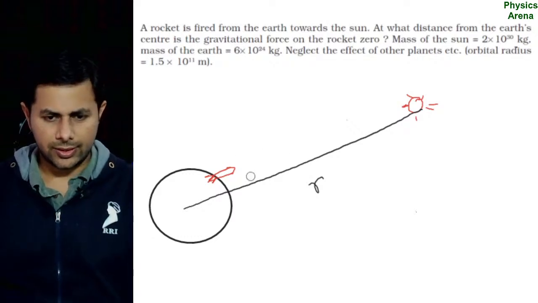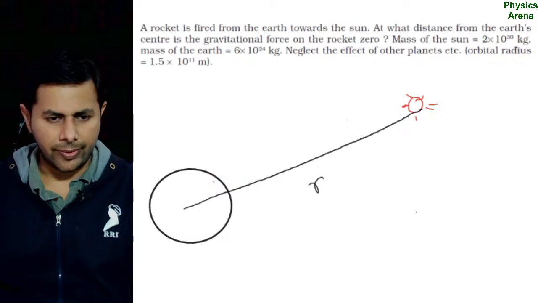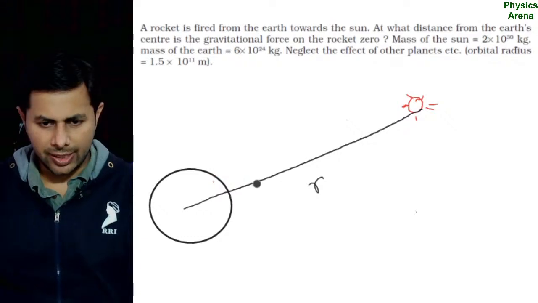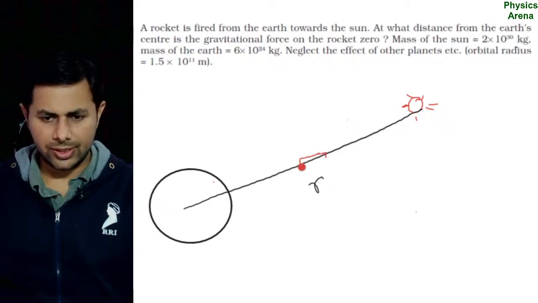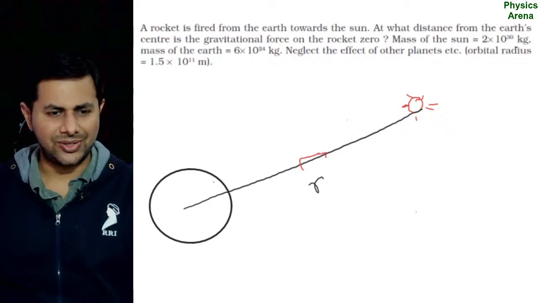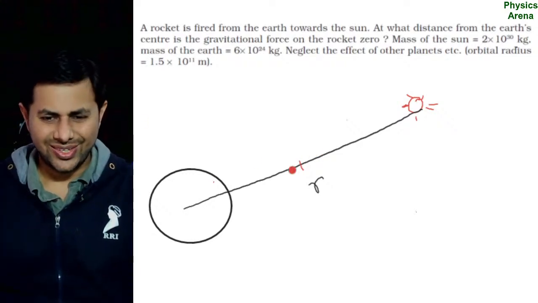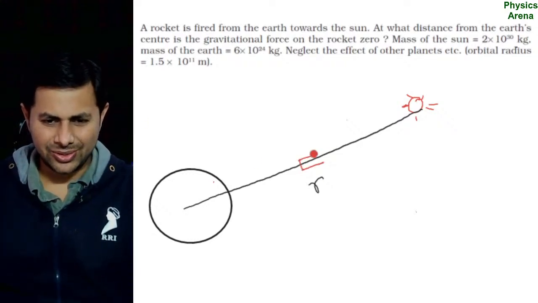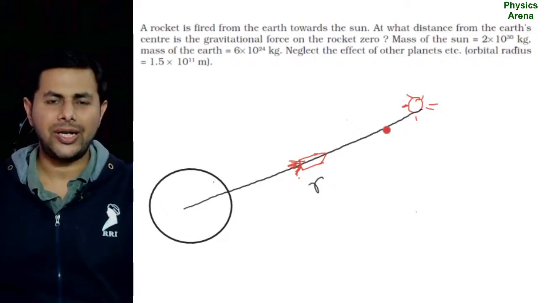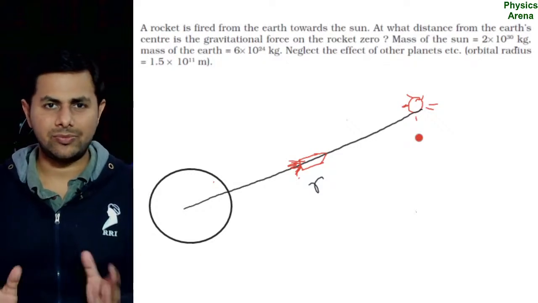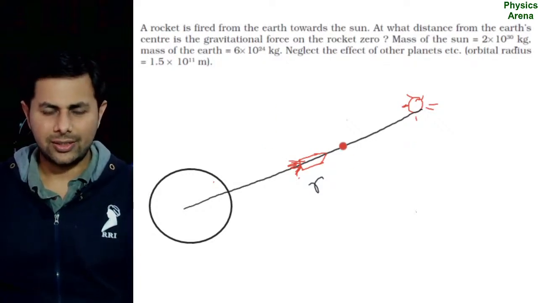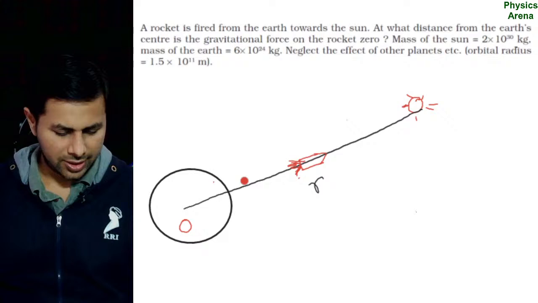So we fire this rocket along this path, and let's suppose our rocket goes at this much distance. I'm very bad at drawing, it's okay. So this is my rocket, it goes at this much distance, and now what happens is the force on this rocket, net force, becomes 0. Okay, so we have to find this distance. So is the question clear?